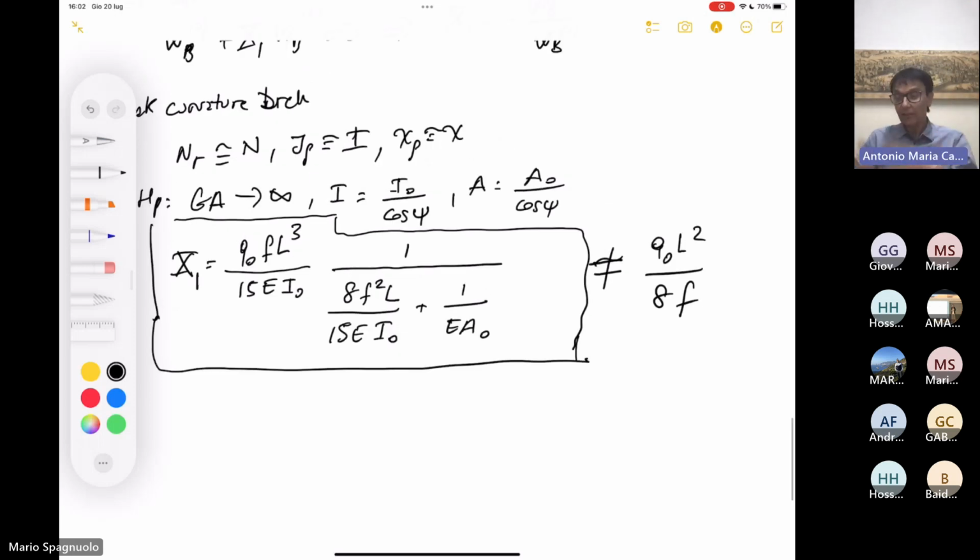So this curve, given a funicular shape, has an axial thrust that does not correspond to the value that gives zero bending moment.